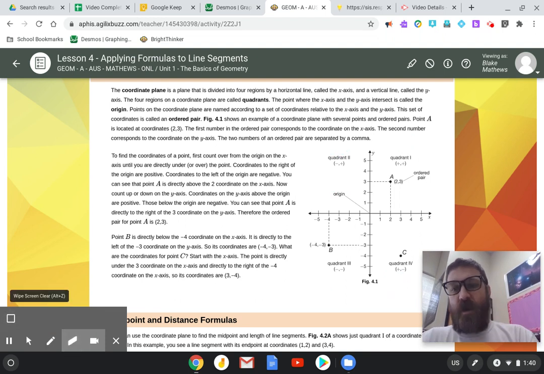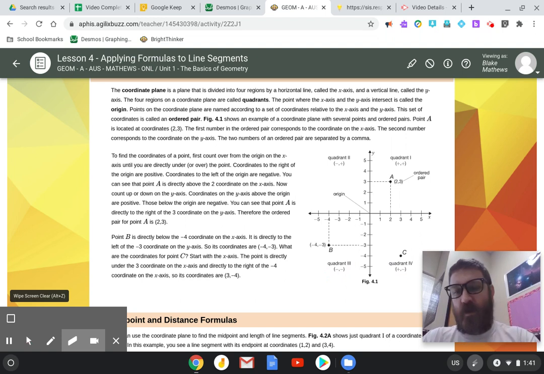Each quadrant has points that are the same positive or negative combination. Quadrant 1 always has positive x and positive y. Quadrant 2 always has negative x and positive y. Quadrant 3 always has negative, negative. And quadrant 4 always has positive, negative.